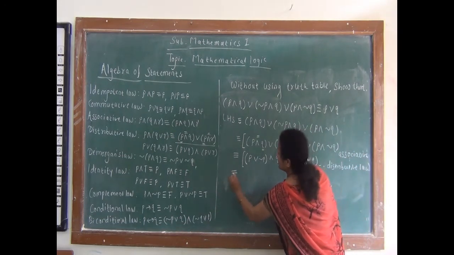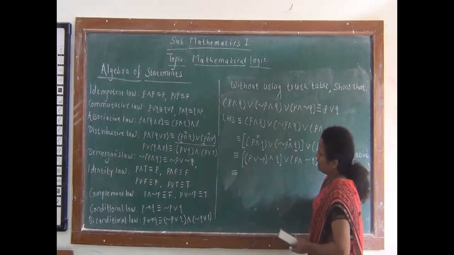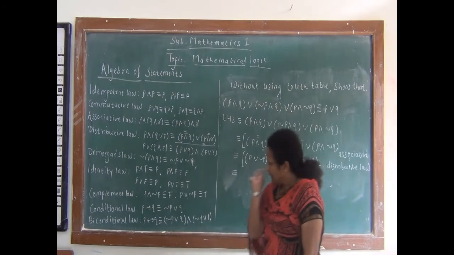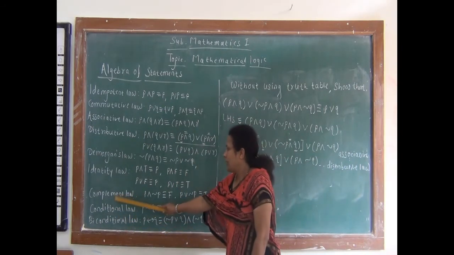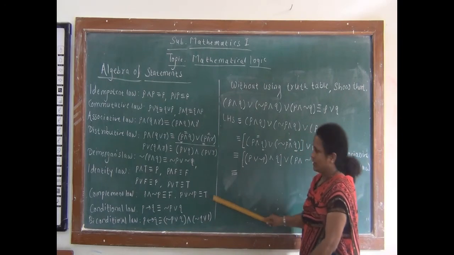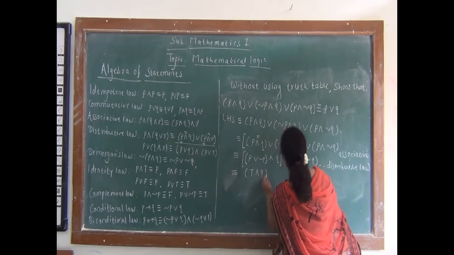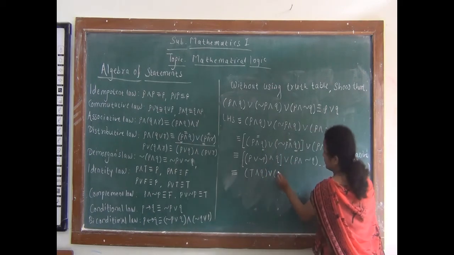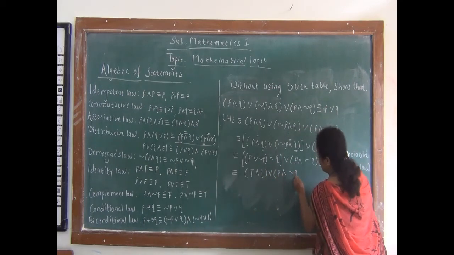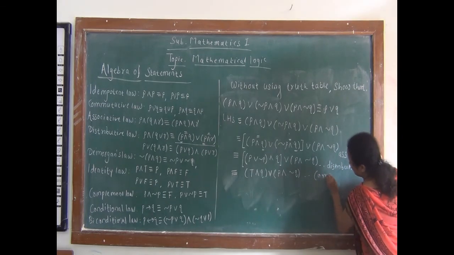Now, to simplify this again, observe this bracket, P or negation P, that is our complement law, and by complement law we see here P or negation P equal to T. So we write here T and Q or second bracket as it is. Here write reason, complement law.